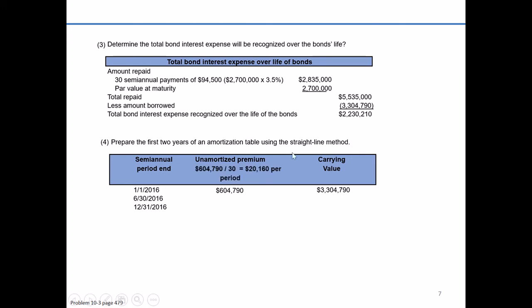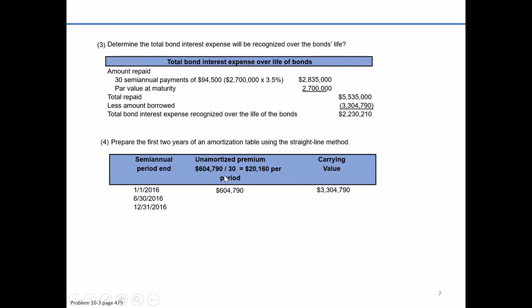I simply took our original par value of $2,700,000 and added to it our premium of $604,790. Remember, premiums add to, it's an adjunct liability, it adds to bonds payable, so it's going to increase the carrying value. It's a little tricky because our discount reduced our carrying value, our premium is going to increase it.